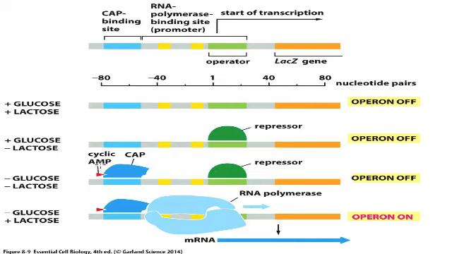If cyclic AMP levels are high, then the cyclic AMP will be bound to the CAP. The CAP is now able to bind and assist the CAP binding site in recruiting RNA polymerase. But at the same time, lactose is absent. When lactose is absent from the cell, it cannot pull the repressor off the operator.